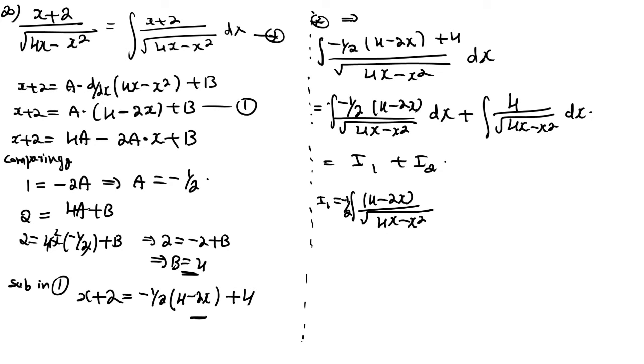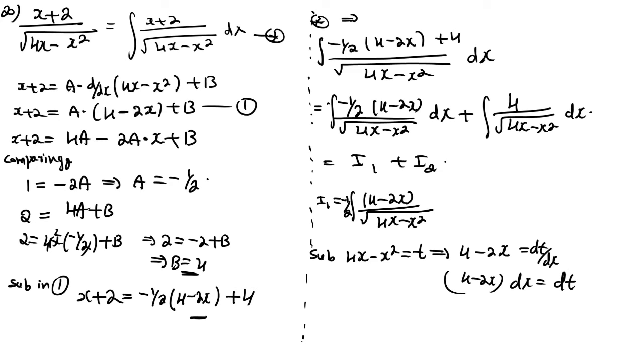Go for substitution method. Substitute 4x minus x square equal to t. Then differentiating with respect to x, this implies 4 minus 2x equal to, what you will get? dt by dx. So 4 minus 2x into dx is equal to dt.